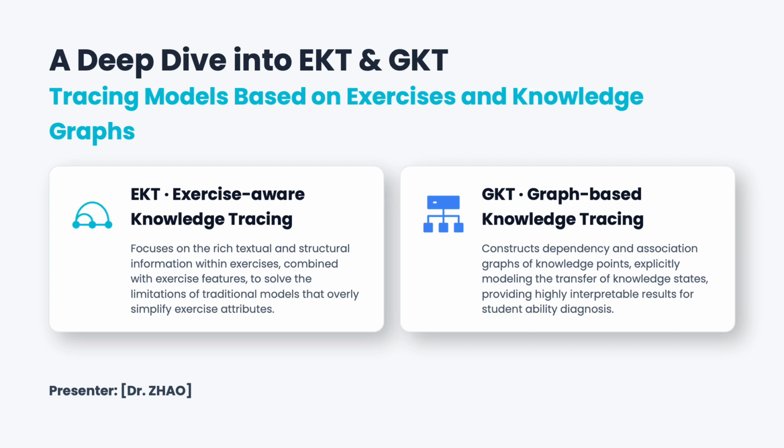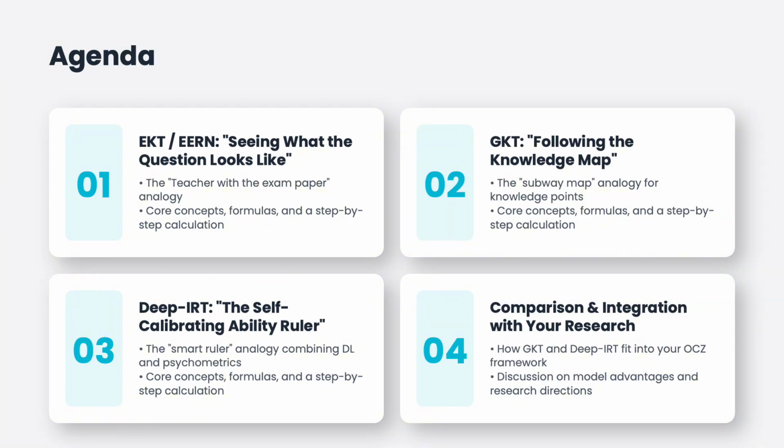Let's get started. Here's the roadmap for our journey today. We'll start with a quick introduction to see how knowledge tracing has evolved. Then, we'll dive deep into three innovative models. First, EKT, which we'll call the teacher who looks at the exam paper. Next, GKT, or the knowledge subway map, which shows us how knowledge is connected.